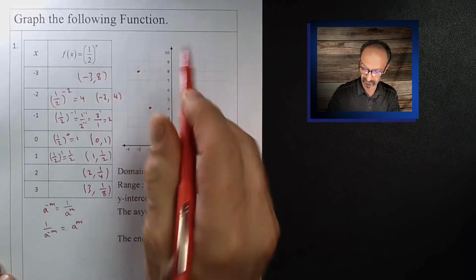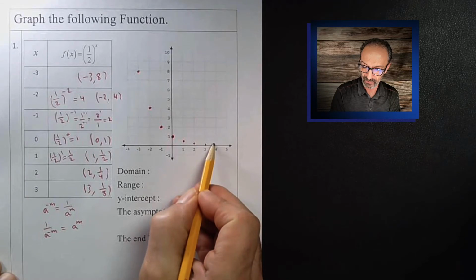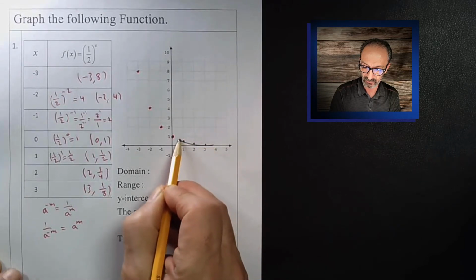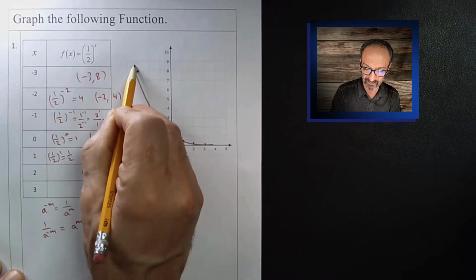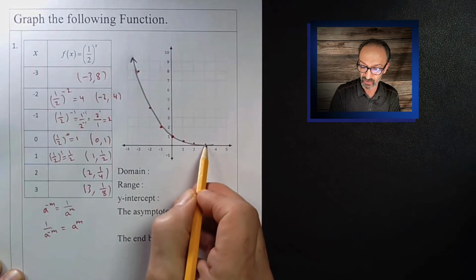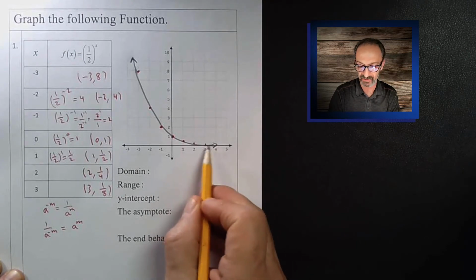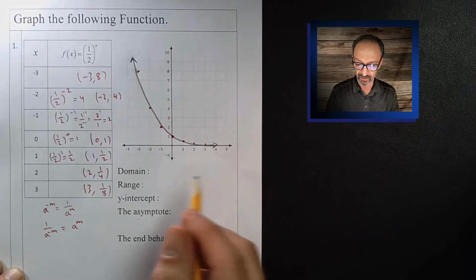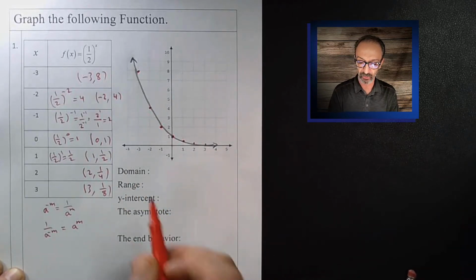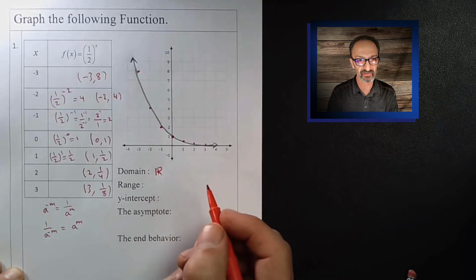If you graph it, let's graph it with a pencil this time and show what is going on with the graph. The graph is an exponential decay. It doesn't touch the x-axis, but it's kind of hard to not touch the x-axis, as you could see. The domain will be all real numbers from -infinity to +infinity.